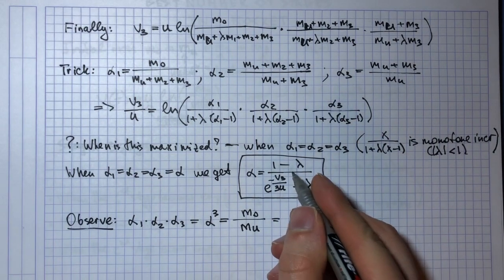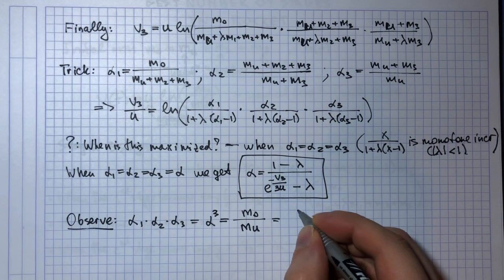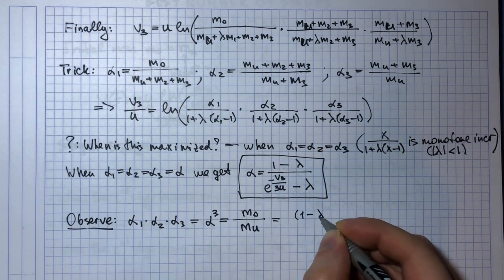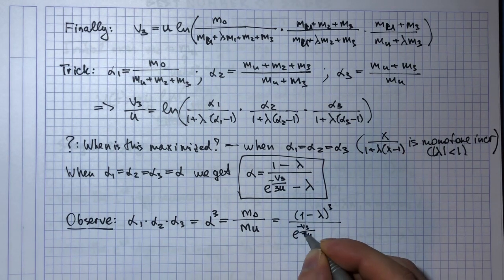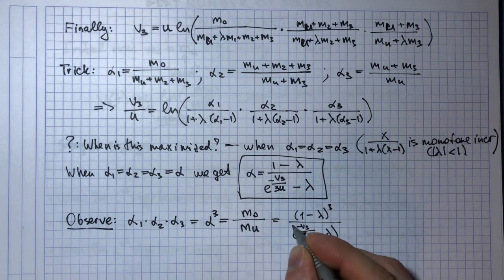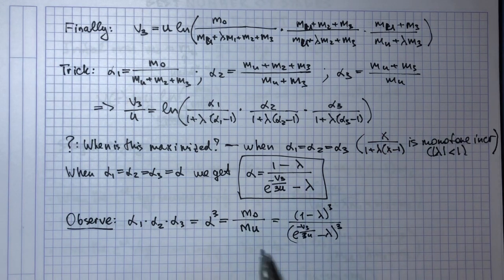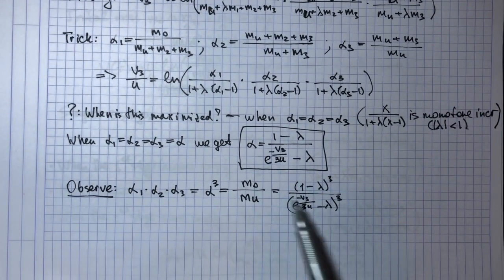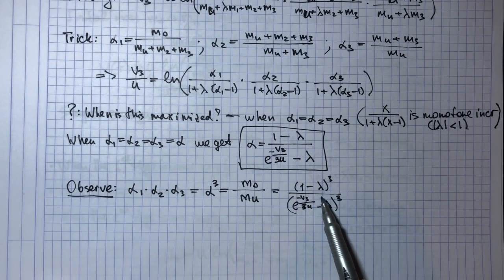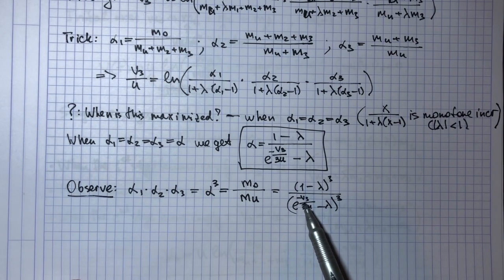And using the formula above, this can be rewritten as 1 minus lambda cubed over e to the minus v3 over 3u minus lambda cubed. So this equation has everything now. We have our masses, we have our parameter lambda, and we have the speed that we can set if we want to reach the orbit.